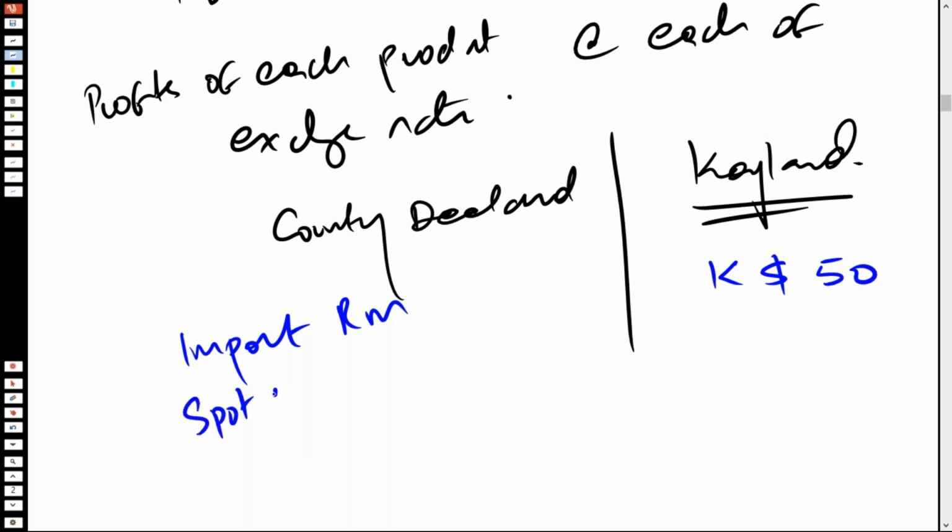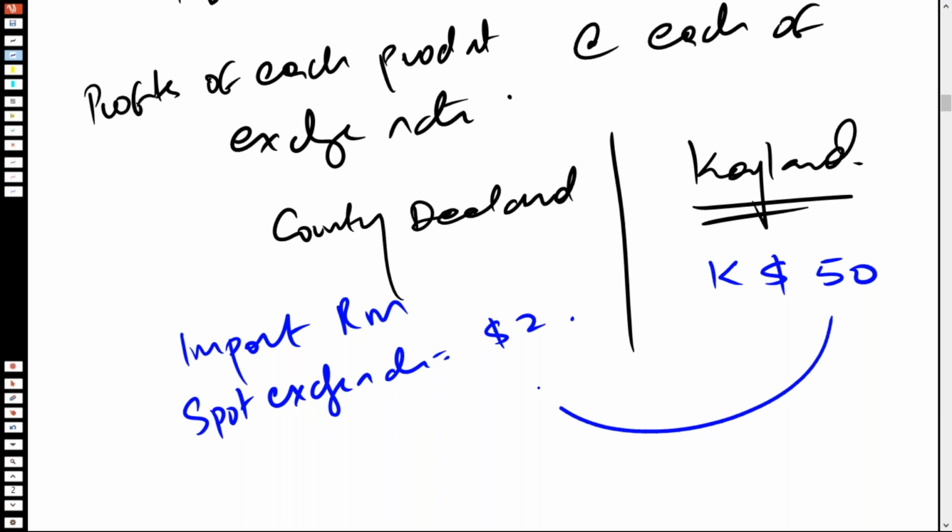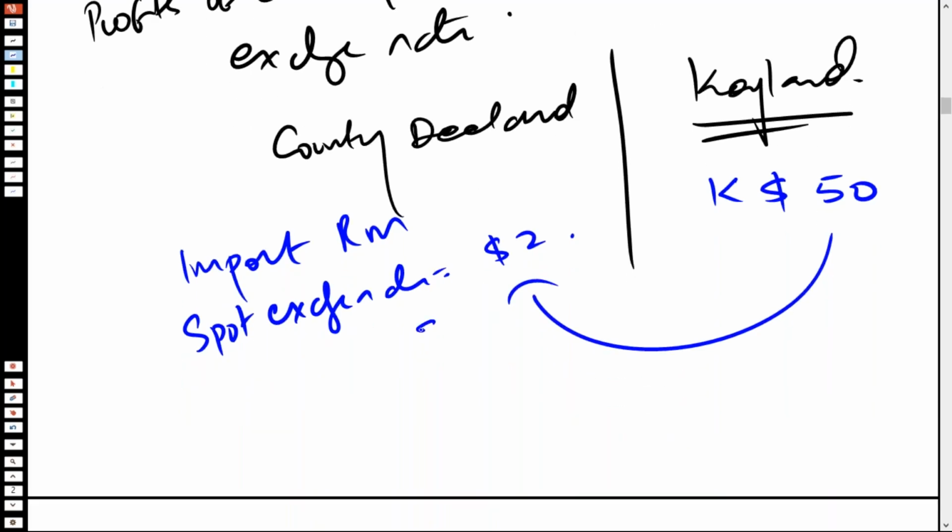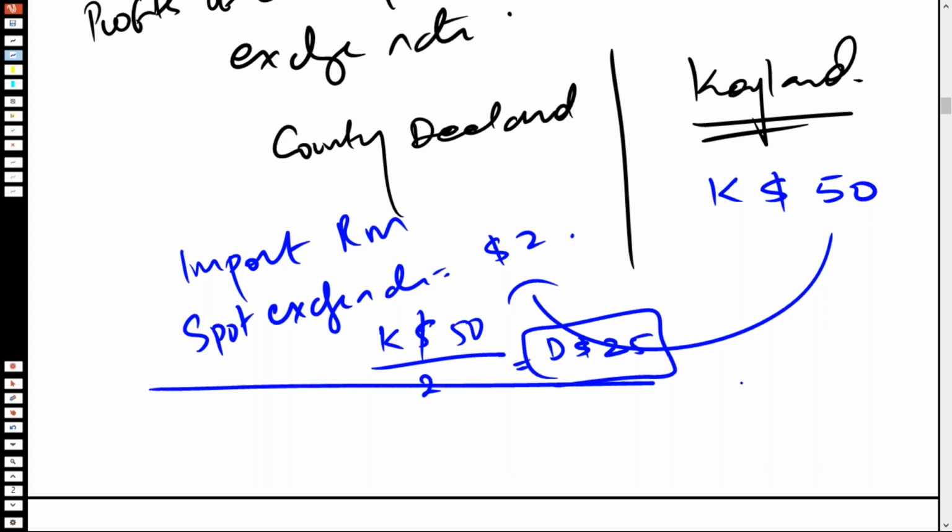The spot exchange rate is 2. So if you want to convert this, you would say K dollar 50 divided by 2 is going to give you D dollar 25. Is that okay? Now let's move on to the next area.